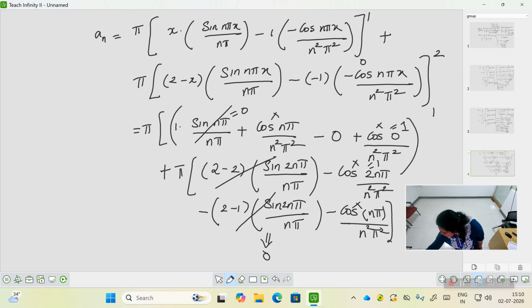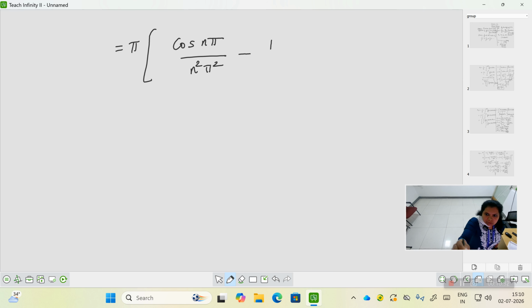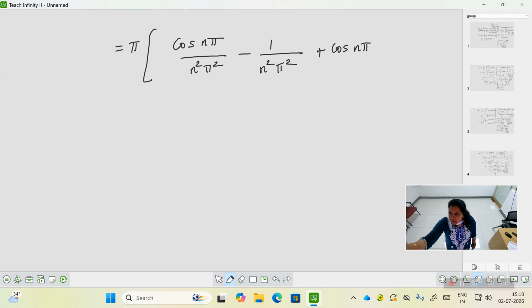So we will bring it here, which is pi into cos n pi by n square pi square minus 1 by n square pi square. Similarly, you get cos n pi by n square pi square minus 1 by n square pi square.